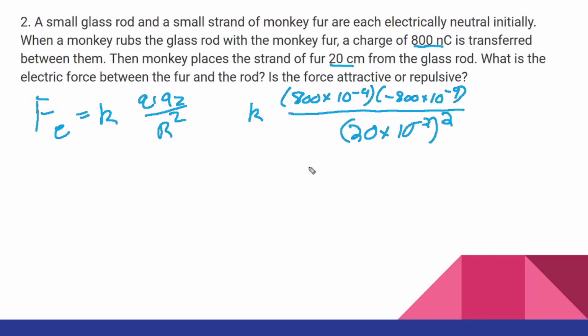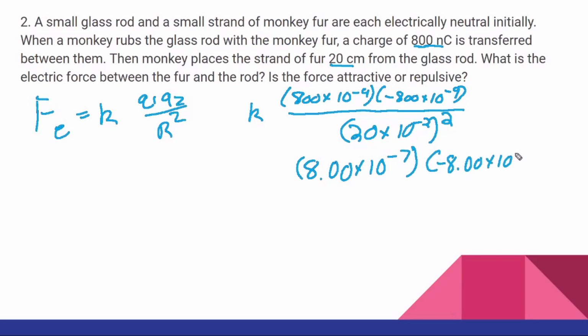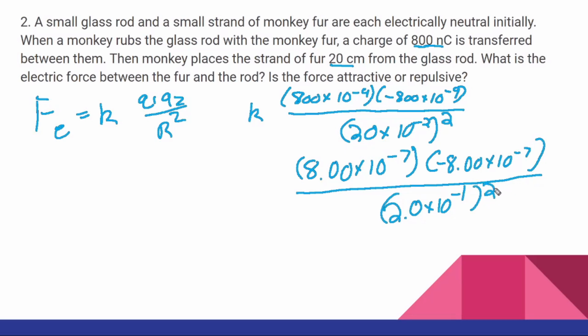We will have 8.00 times 10 to the negative 7 times another negative 8.0 times 10 to the negative 7, and we will convert this down here to 2.0 times 10 to the negative first, squared. This just makes this a lot easier to work with.